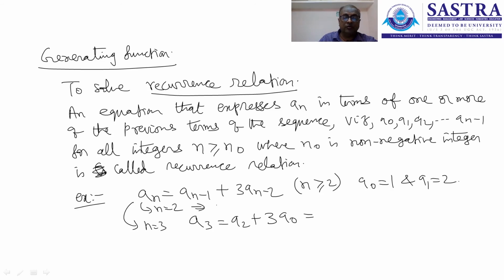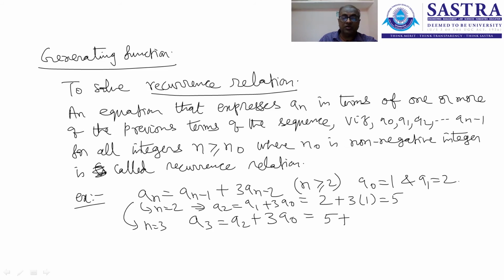When I substitute n is equal to 2, I will have a2 is equal to a1 plus 3 a naught. a1 is 2 and a naught is 1, 3 into 1, which would be 5.